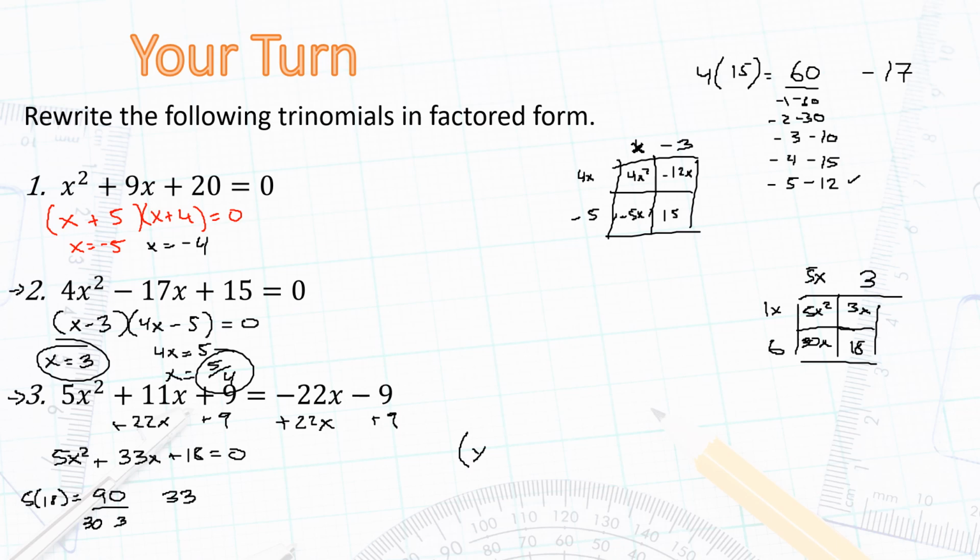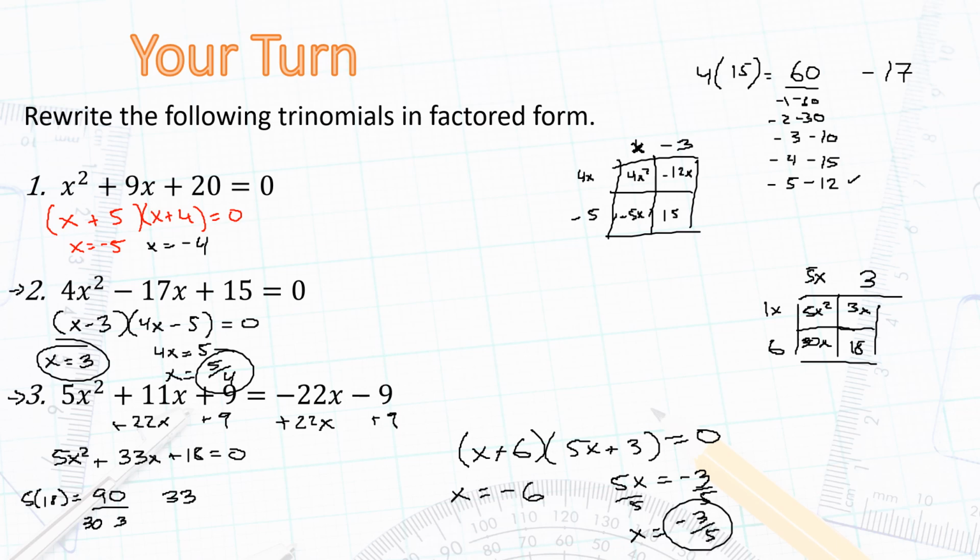So my factors are going to be x plus 6 and 5x plus 3. So the easy one is still equal to 0. Easy one is x is equal to minus 6. The other one, I have to subtract 3 from both sides, so 5x equals minus 3. Divide by 5. x is equal to minus 3/5.